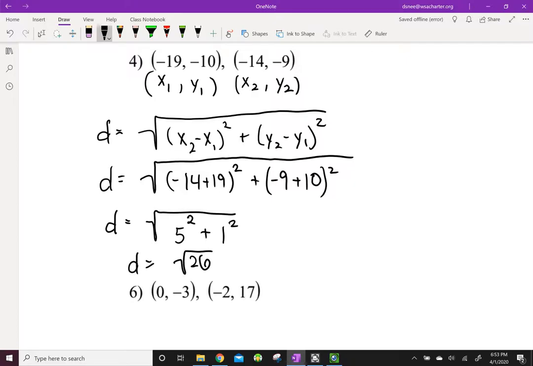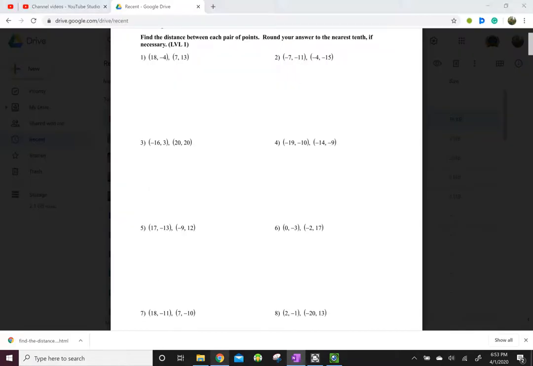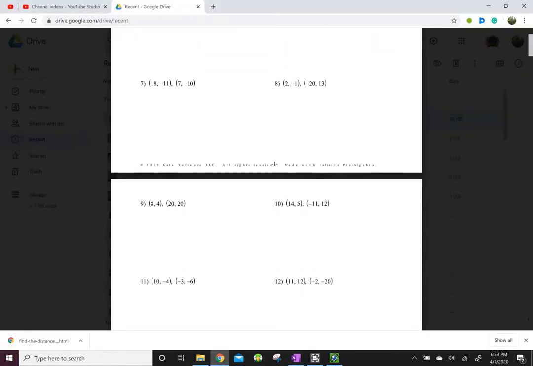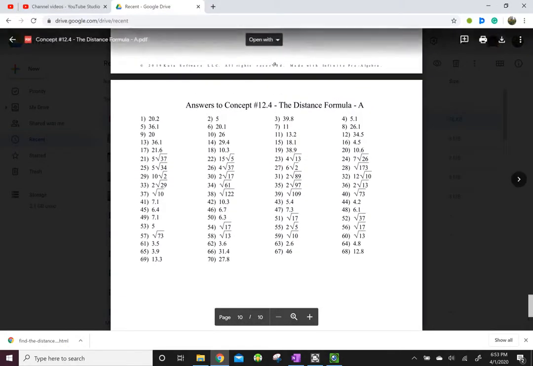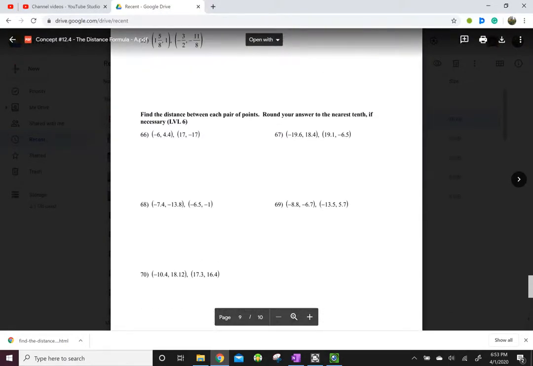D equals the square root of 26, and the square root of 26 is approximately 5.099, so 5.1. So D is approximately 5.1, and that's the answer I got for that one. And I'm going to go back. Let's see here. 5.1, check, and 39.8.